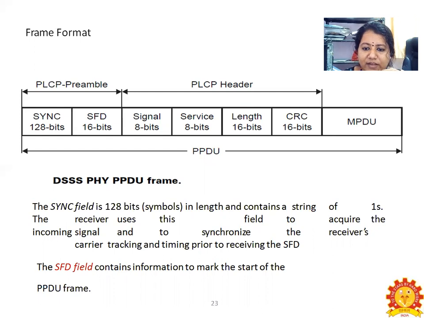The synchronization field contains about 128 bits, symbols in length, and it contains a string of 1s. The receiver uses this field to acquire the incoming signal and to synchronize the receiver's carrier tracking and timing prior to receiving the SFD. The SFD field contains the information to mark the start of the PPDU frames.